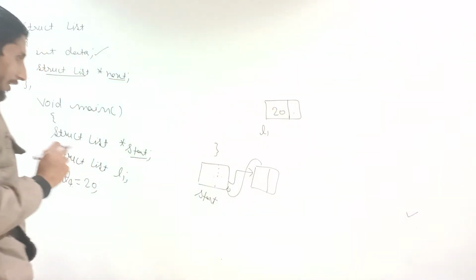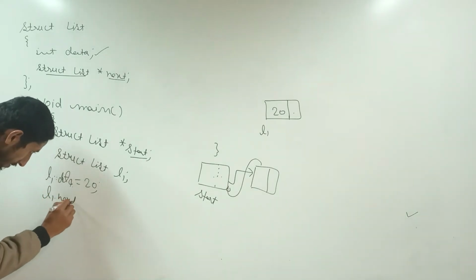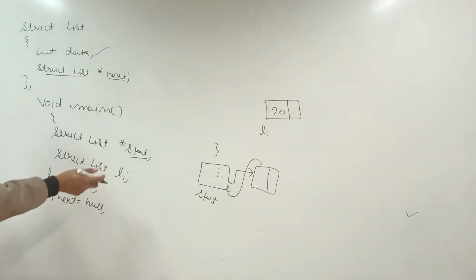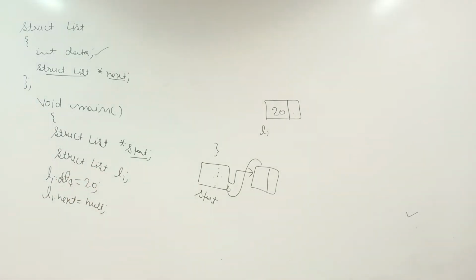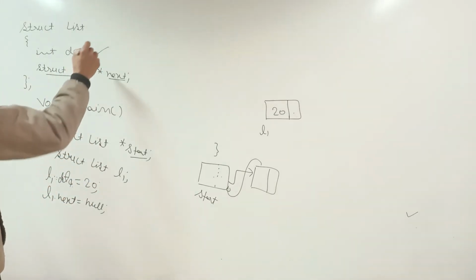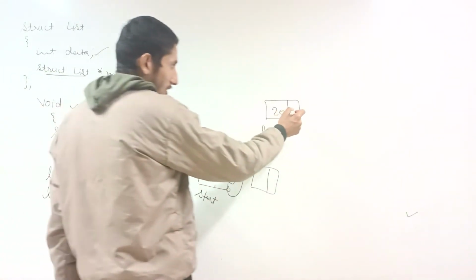In the second block, I have to put null. So L1 dot next equals null. You can check how to write null in C language. The purpose of this is that I have taken a structure with two fields. In the first one I have saved data. In the second one I have saved the address of the next block. Till now we don't have a next block, so we have put null.